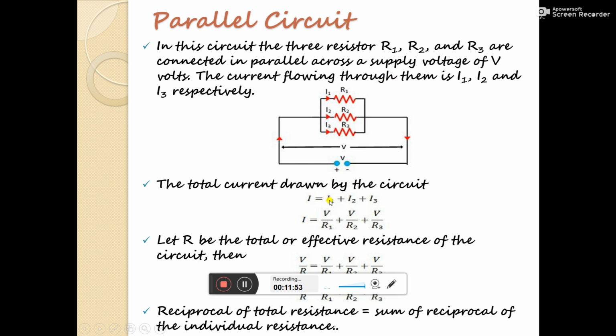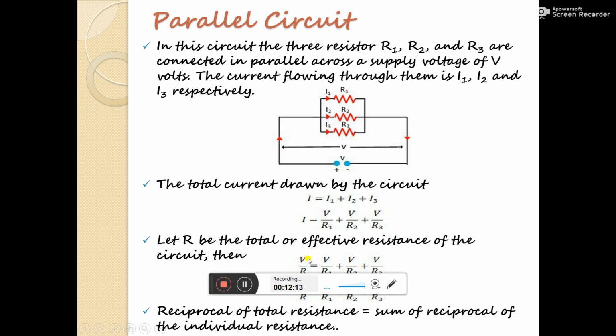We can write I1, I2, I3 as V by R1, V by R2 and V by R3. So the sum can be written as I is equal to V upon R1 plus V upon R2 plus V upon R3. Let R be the total effective resistance of the circuit.